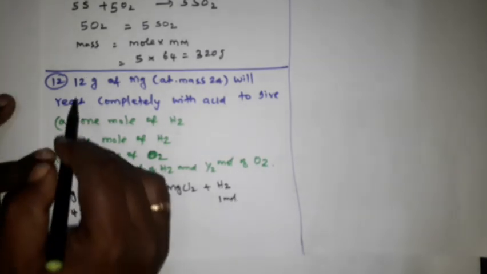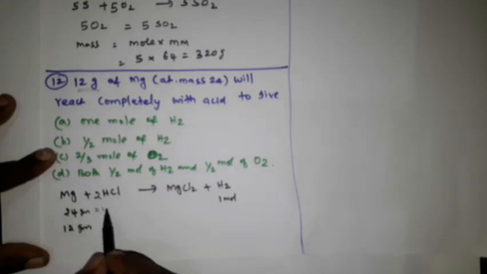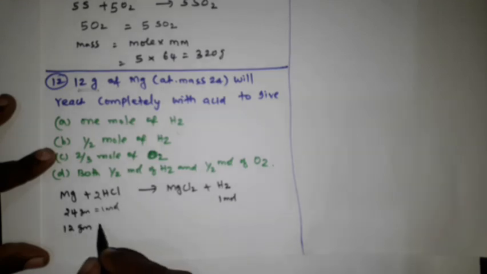Now in question 12, 12 gram is given. 24 gram is 1 mole of magnesium, which gives 1 mole of hydrogen. How many moles is 12 gram of magnesium?